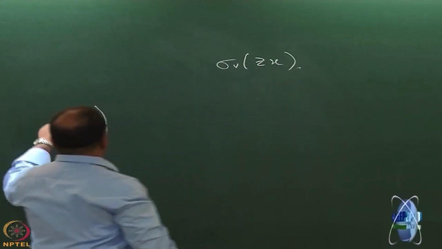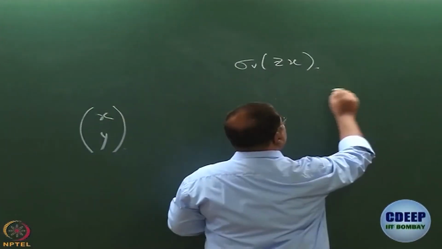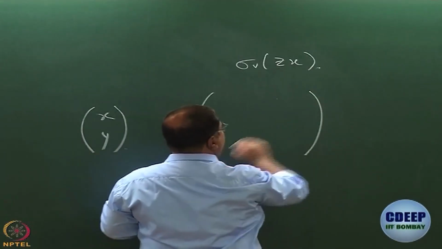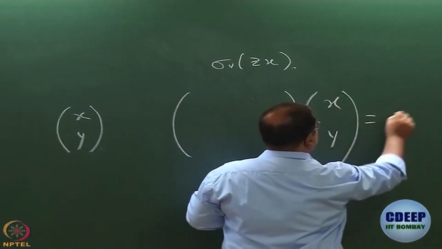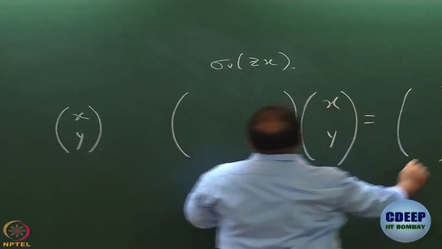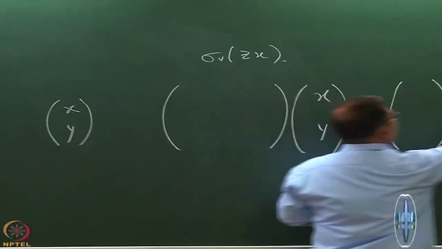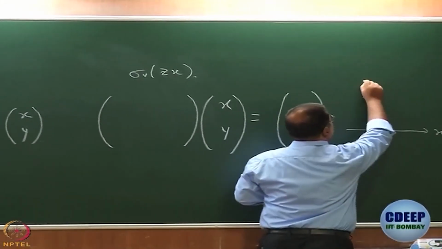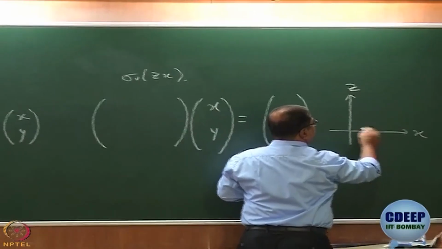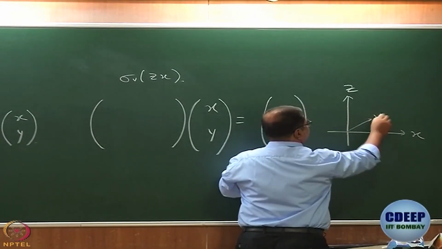So, if I use sigma V zx, what happens to x, what happens to y, what is x dashed, what is y dashed? Maybe I will draw it. This is x, this is y.